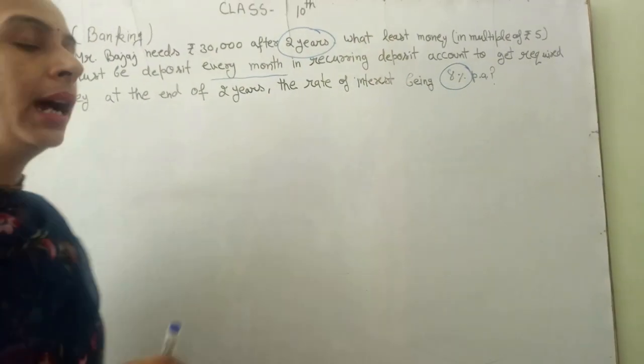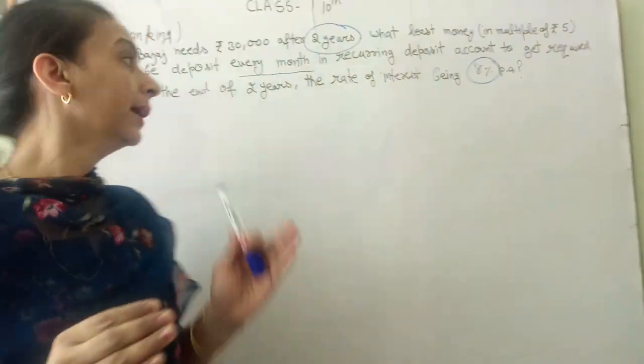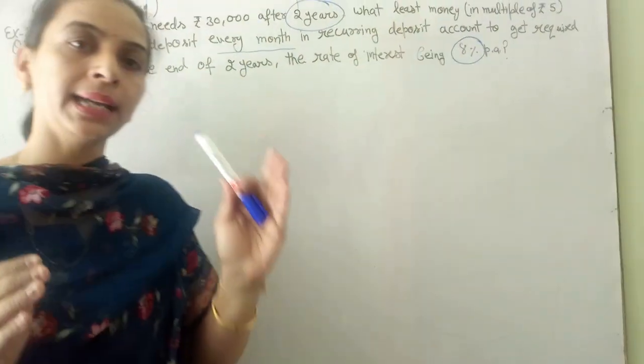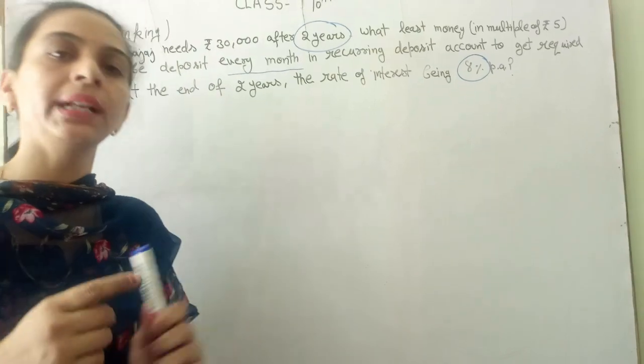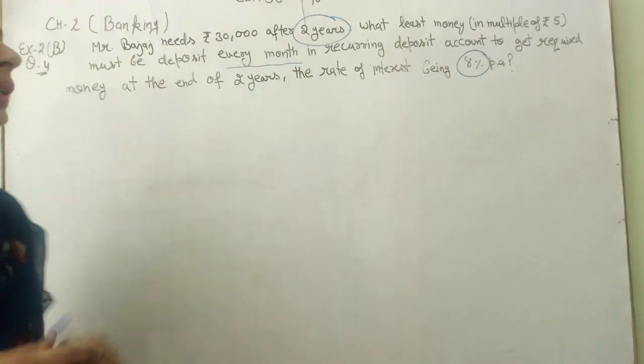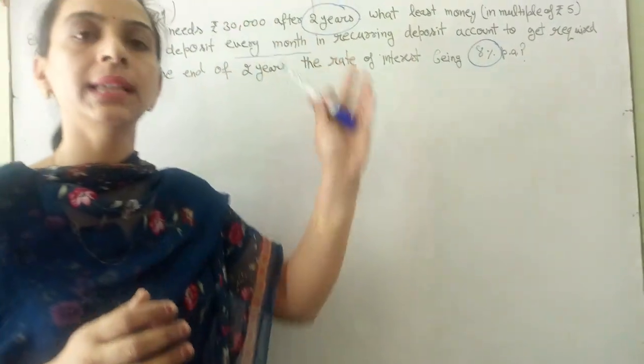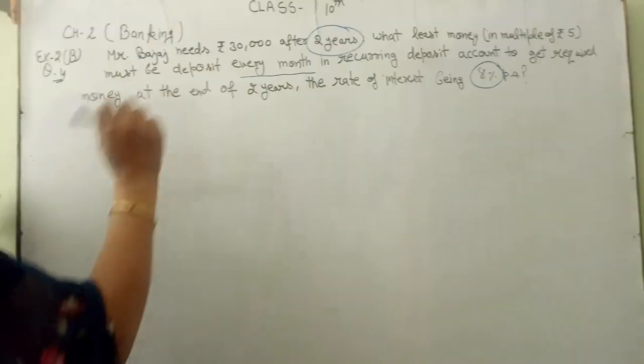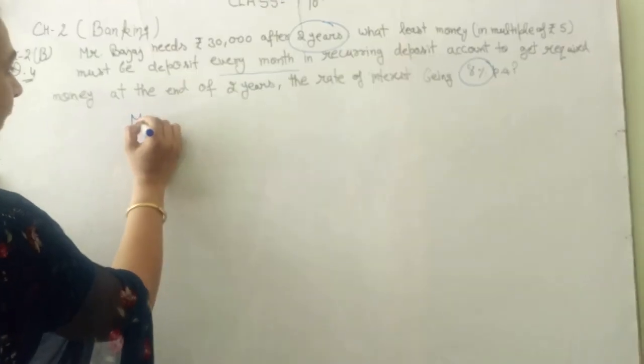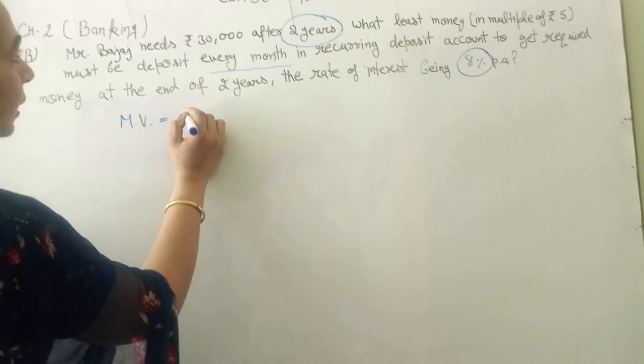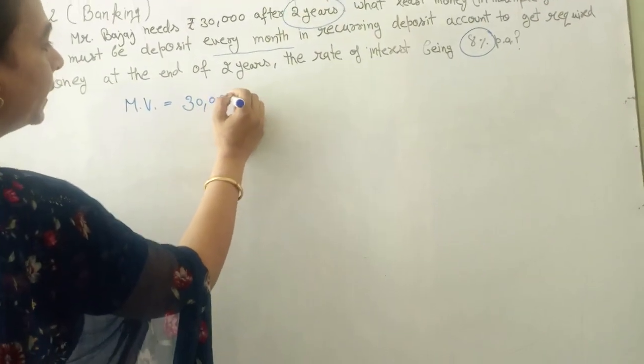Mr. Bajaj needs 30,000 rupees after 2 years, which means the maturity value is 30,000 rupees. So we write maturity value MV equal to 30,000 rupees.